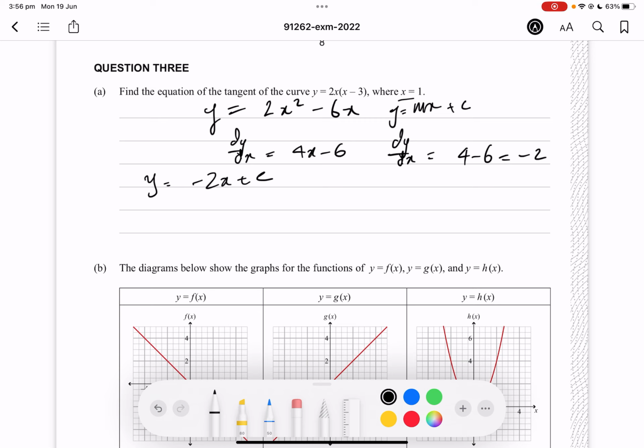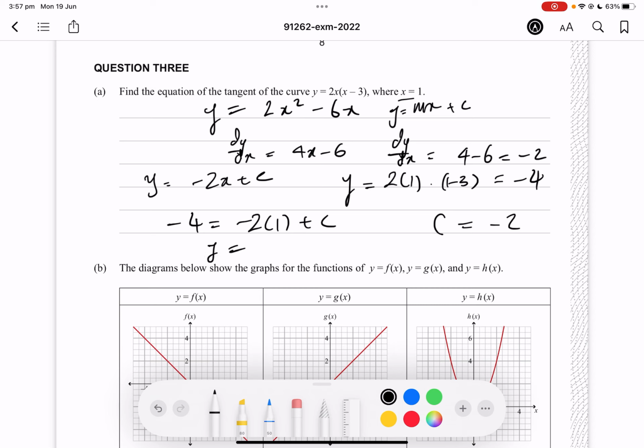So we're going to find the y value at this point. So y equals to 2 times 1 times 1 minus 3. That's equal to negative 4. So therefore negative 4 equals to negative 2 times 1 plus c. So therefore c equals to negative 2. Okay, so therefore y equals to negative 2x minus 2.